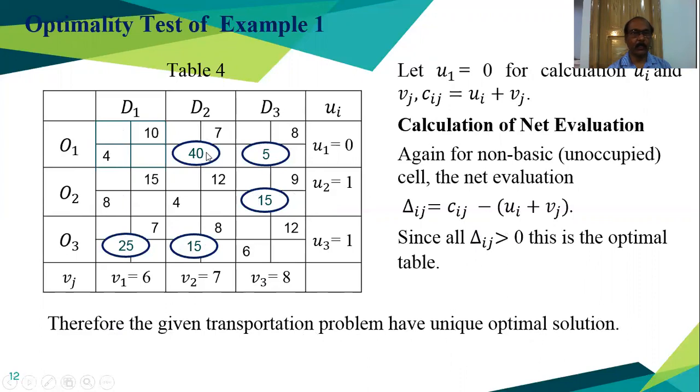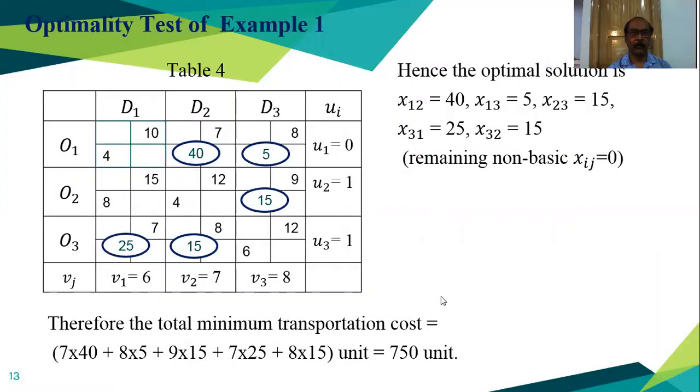And the optimal solution is that x12 is equal to 40, x13 is equal to 5, x23 is equal to 15, x31 is equal to 25, x32 is equal to 15. So this is our optimal solution. We can write here, and the remaining non-basic xij is equal to 0. And what is our minimum transportation cost with the help of the optimal solution?